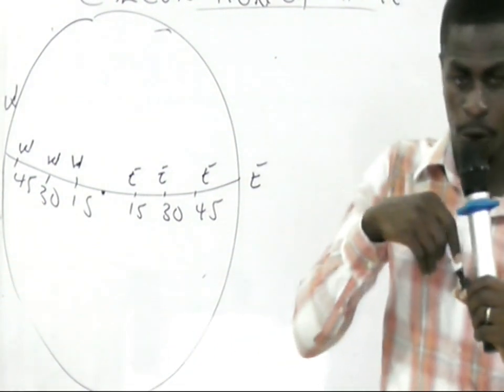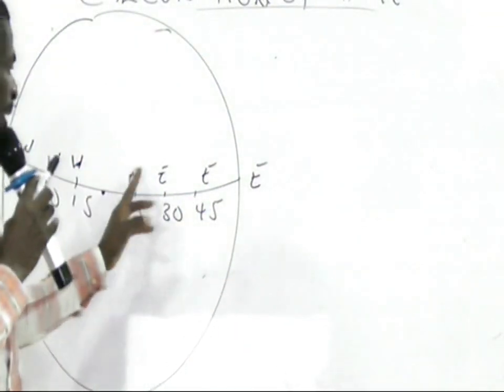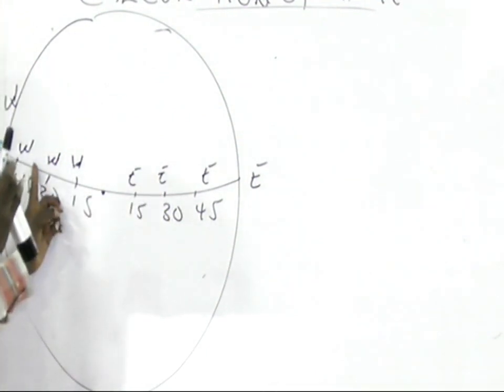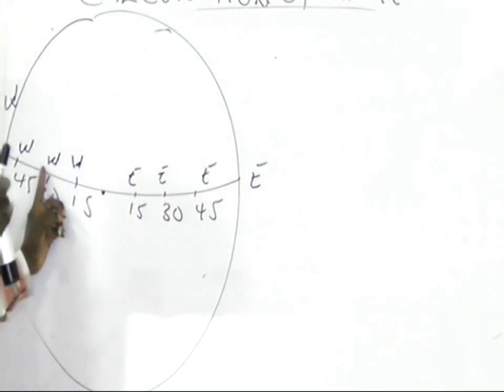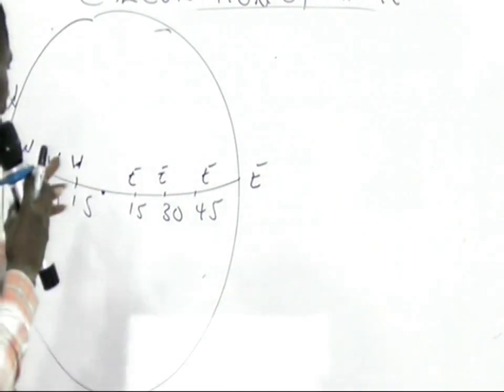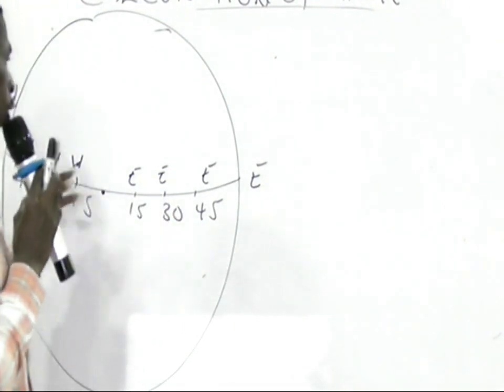Whenever you're going to calculate time, you can calculate east-east, or west-west, or west and east.